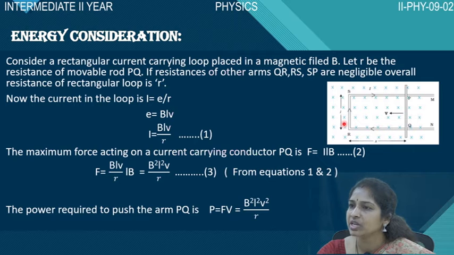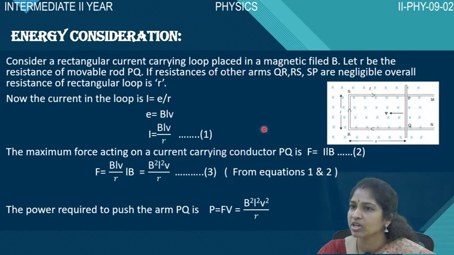Actually, here the induced EMF is generated due to the change in the flux, that is, due to the change in X value, and that is due to the motion of this conductor. So that induced EMF opposes the motion of this PQ. It will not allow further motion of this PQ. But anyhow, it has to move, so work is said to be done.